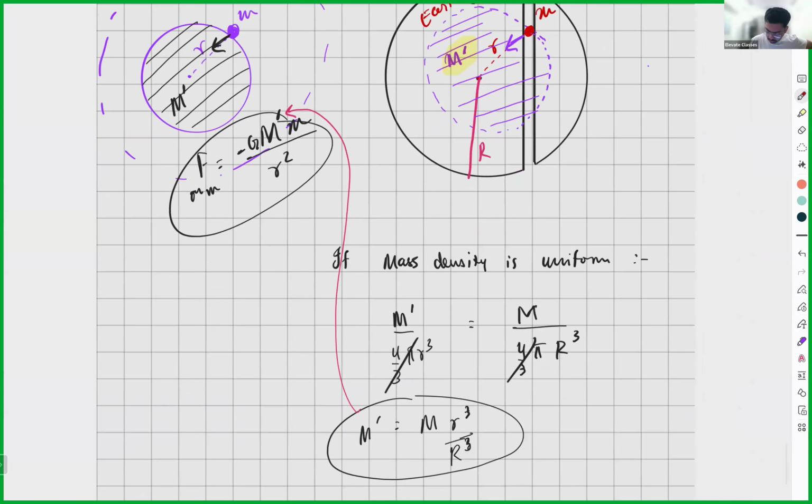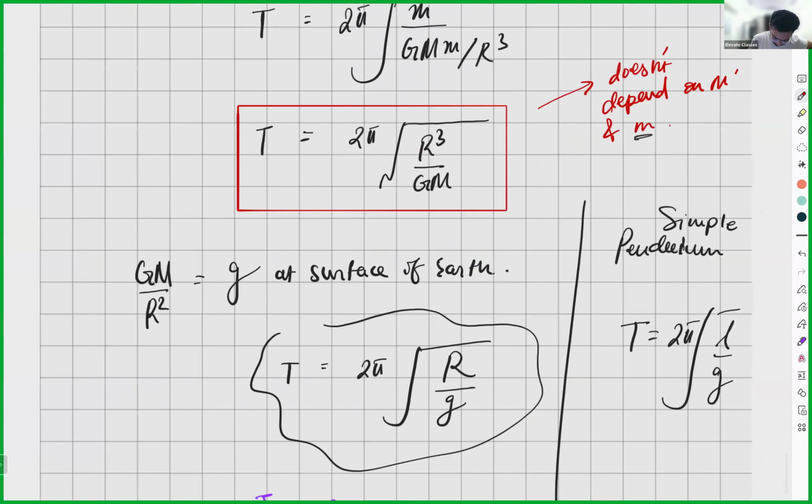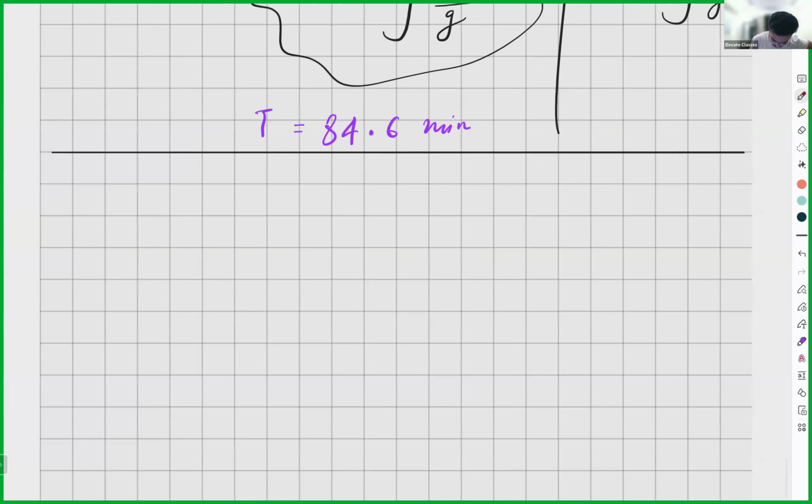And also, if I dig a tunnel like this, the tunnel can have any shape, by the way.